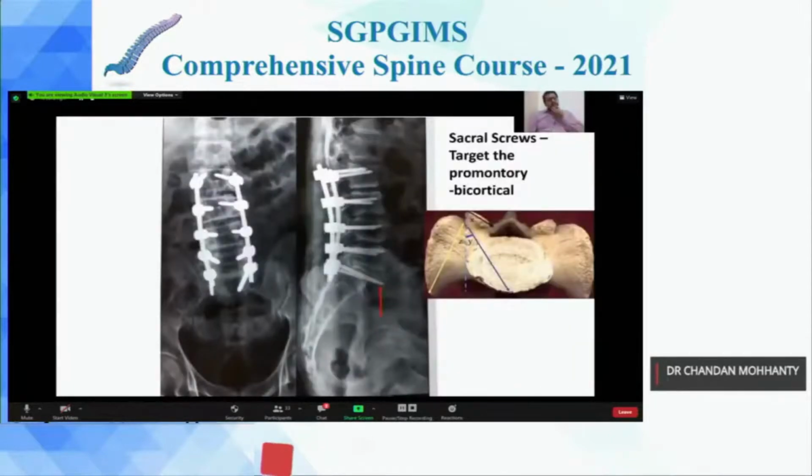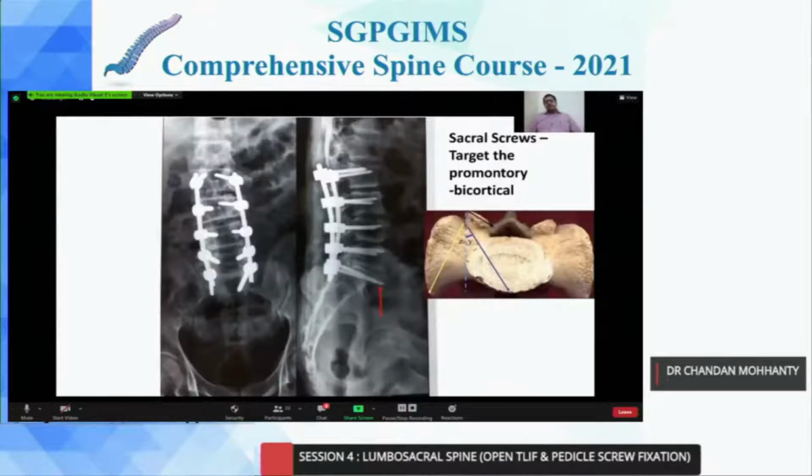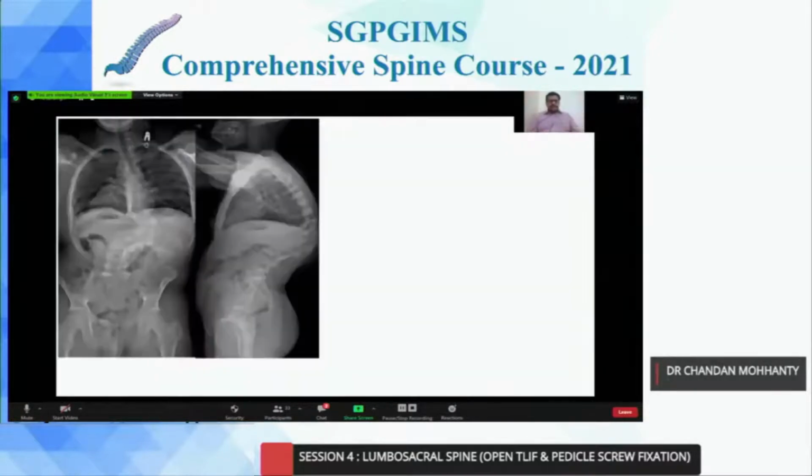For S1 pedicle screws, the entry point is usually just lateral to the superior facet and the junction of the ala, where you basically point towards the promontory and try to get a bicortical purchase in these screws. As you can see in this image, bicortical purchase of the S1 pedicle screws is important to have a good biomechanical strength, especially in long constructs like this.